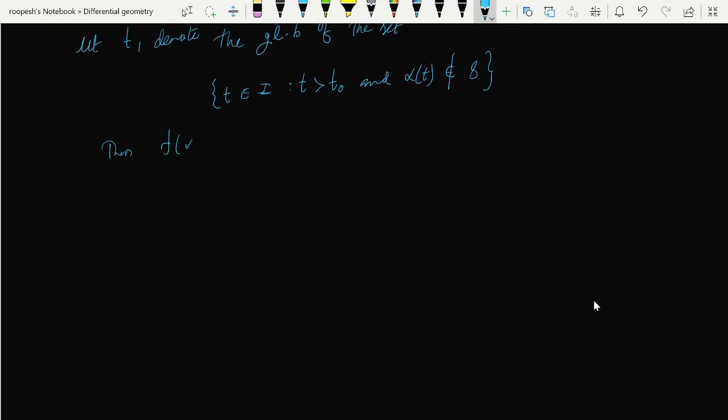Then f of alpha of t is equal to c for t naught less than or equal to t less than or equal to t1, because t1 is the infimum, so when you are taking t values less than t1, they definitely belong to your surface.